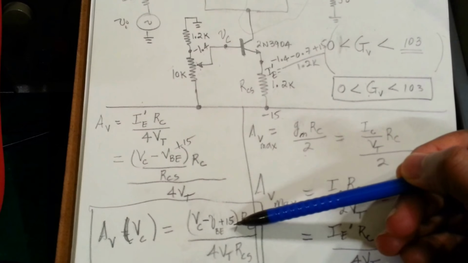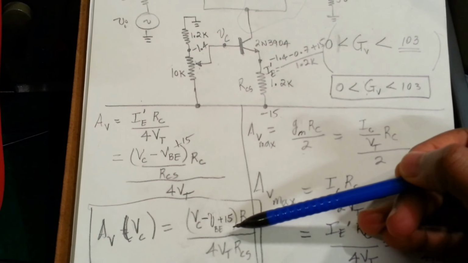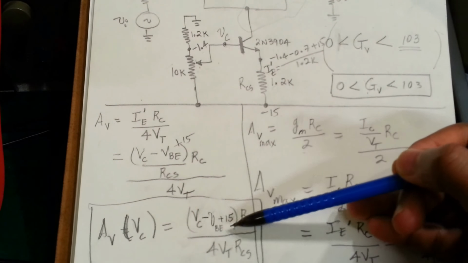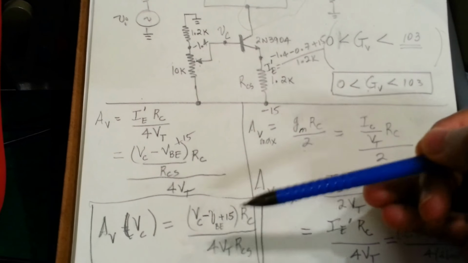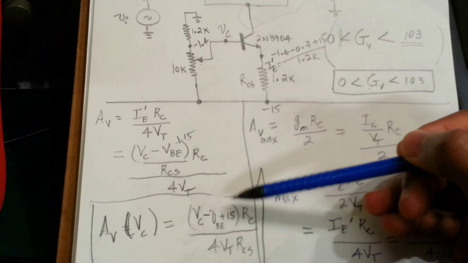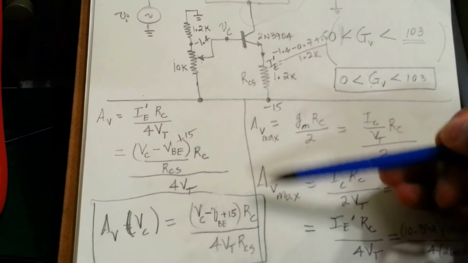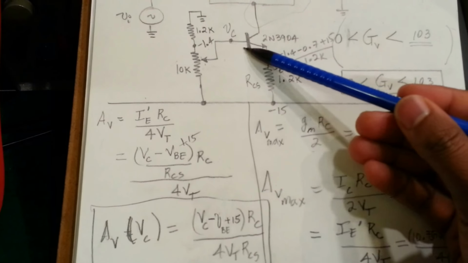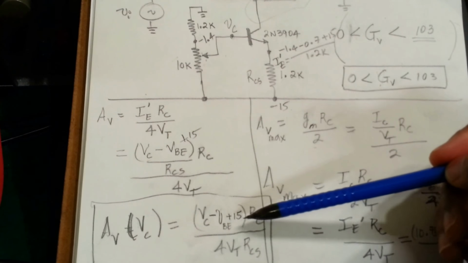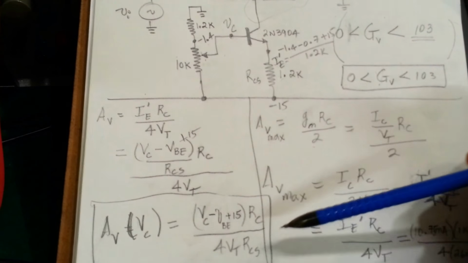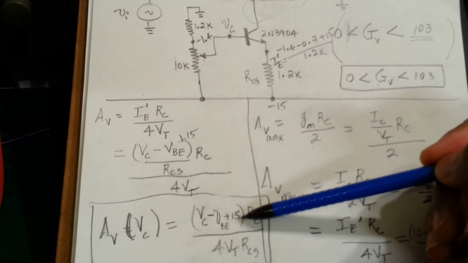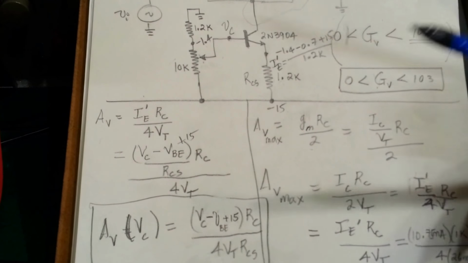If you noticed this missing plus 15 when I derived it, kudos to you. Just to make sure, the actual overall transfer function between the control voltage and the gain of the amplifier is this equation here. So make sure to include the plus 15 here. Okay, so now let's continue.